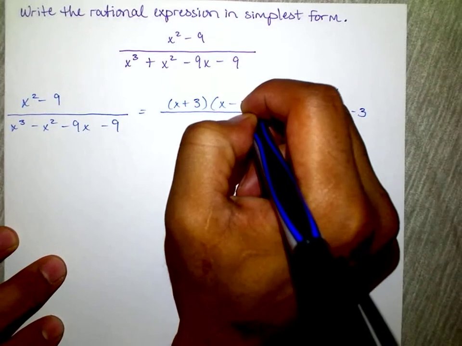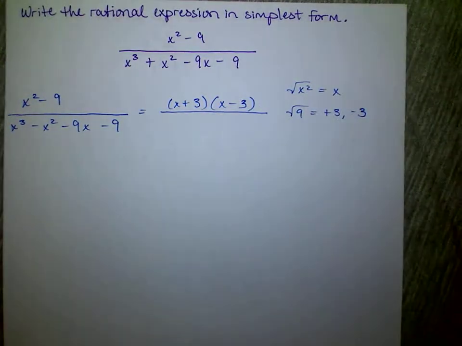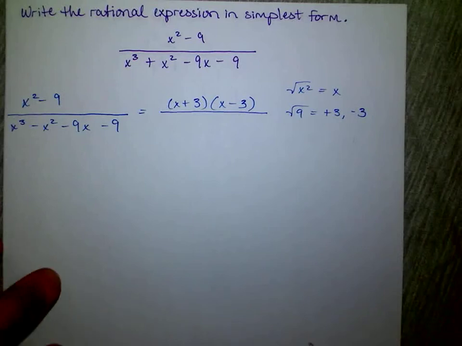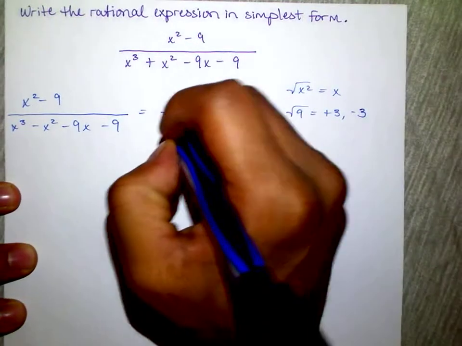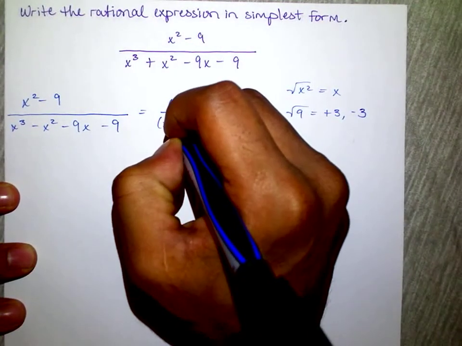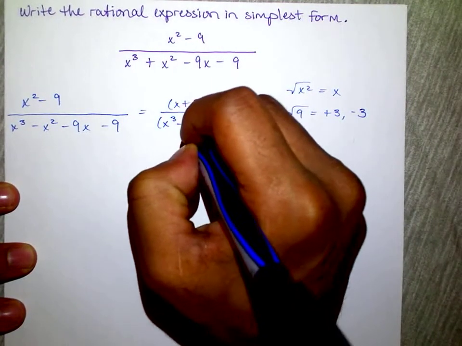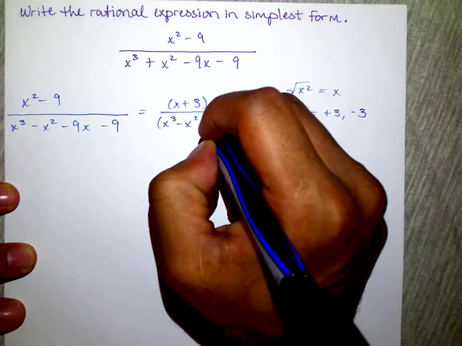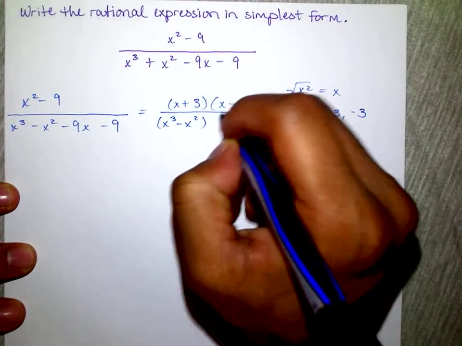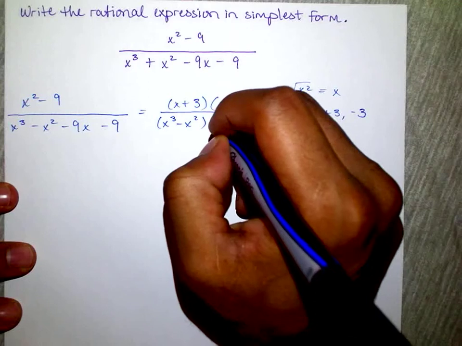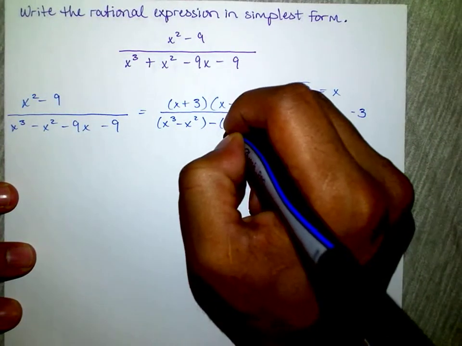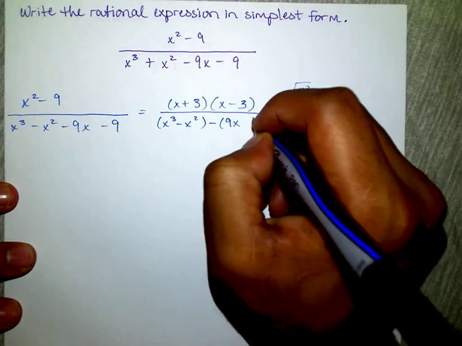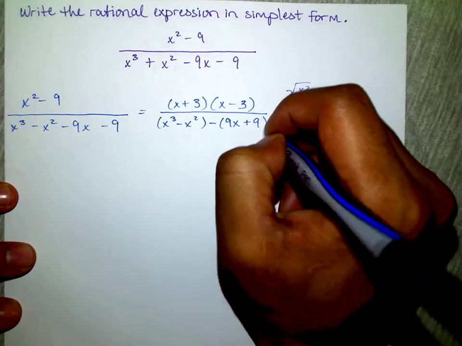And on the bottom here, factor by grouping, which means I'm going to factor these two, x cubed plus x squared, and then we're going to have minus 9x minus 9.